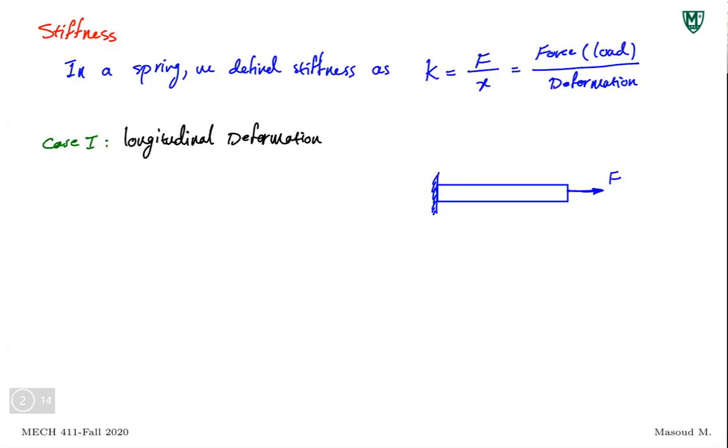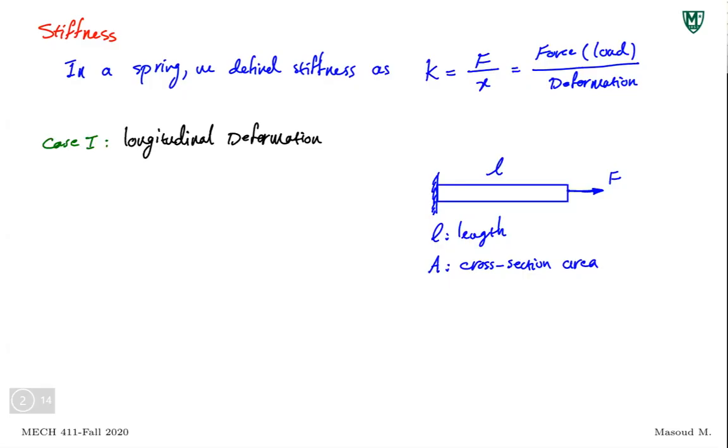Let's say the length of this bar is L, and I know the cross-sectional area A. This is a solid, could be a rod, could be a bar with a rectangular cross-section.